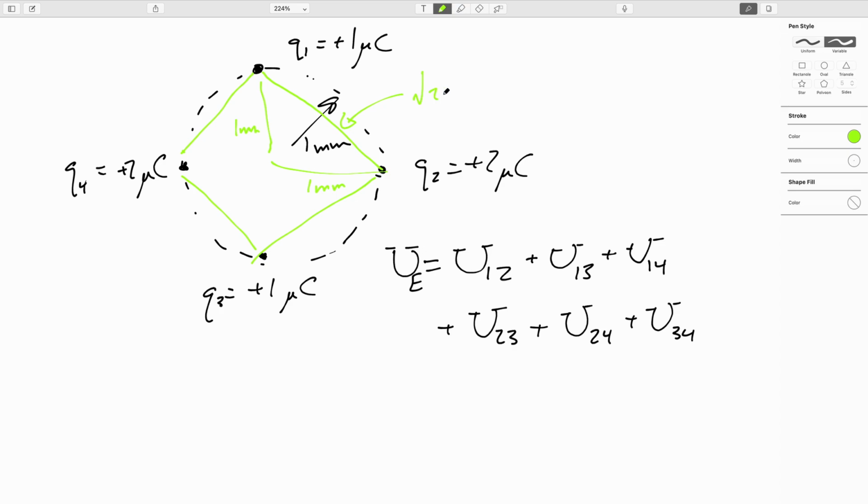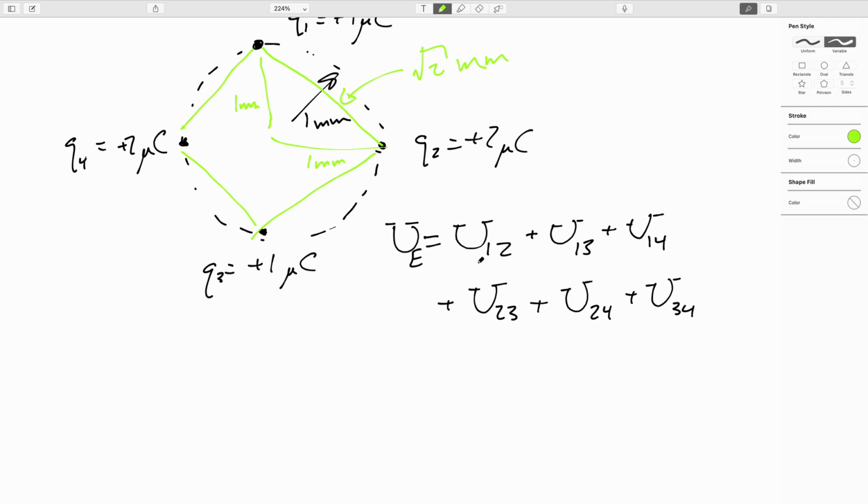I'll make that distance there 2 millimeters. So first off, we can say U12 is going to equal U23, equal U34, equal U14. I'm going to put checks next to those. Those are all equal. That makes our life a little easier.